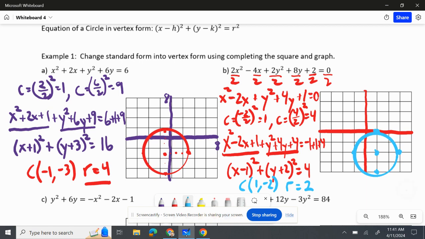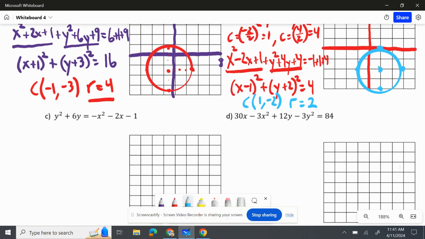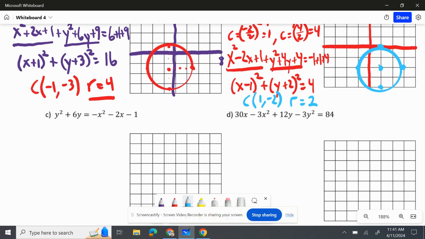Now, for letter C, this one looks like an odd one because the x's and y's are on the opposite side. So I'm going to bring the constant over, and when I bring it over, it changes the sign. So it's x squared plus 2x plus y squared plus 6y equals -1.